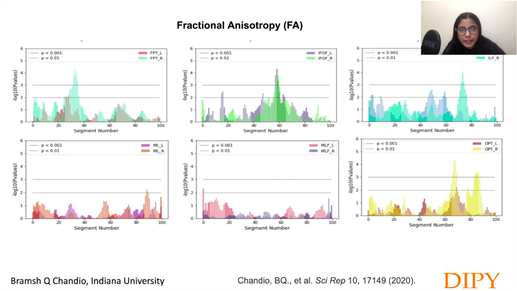And we can see here in FOF, both left and right, there is some difference around segment 60. And for example, in ILF, we see something from 70 to 80, and so on.